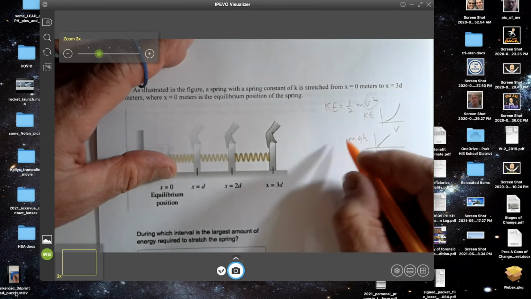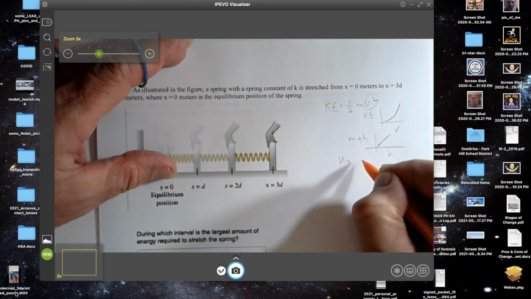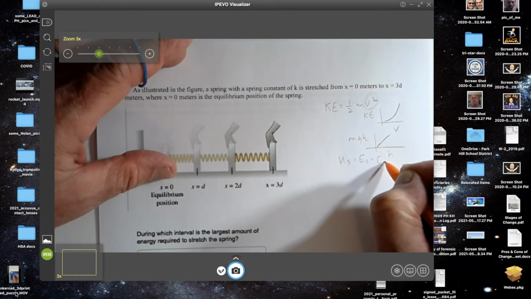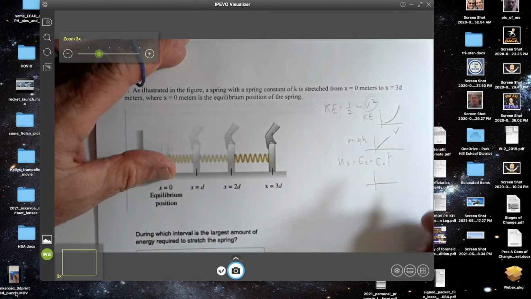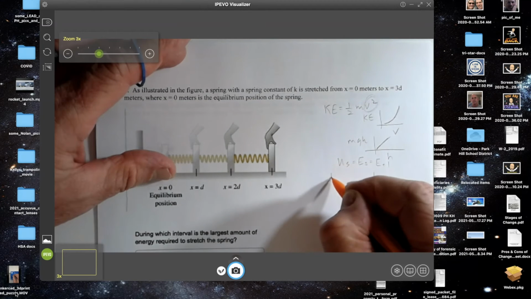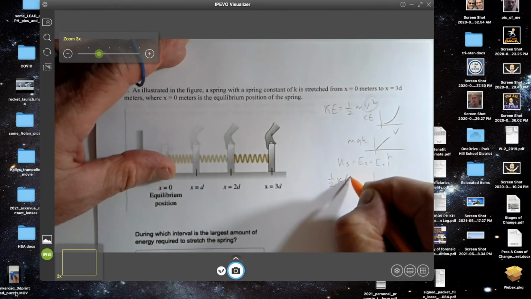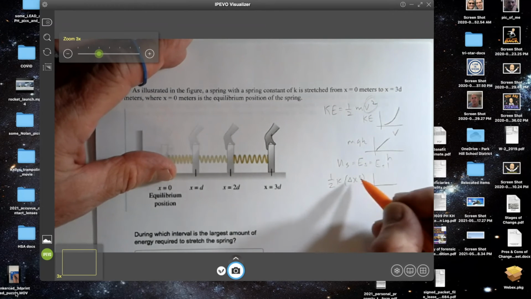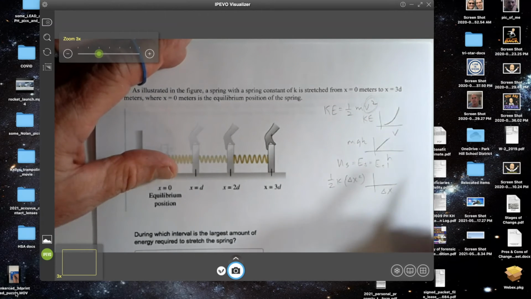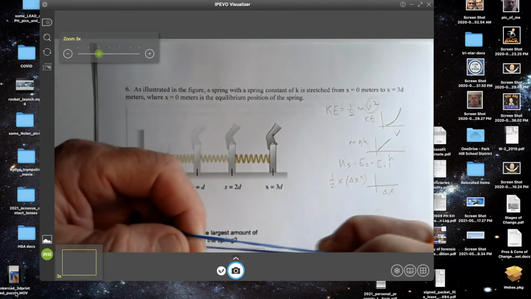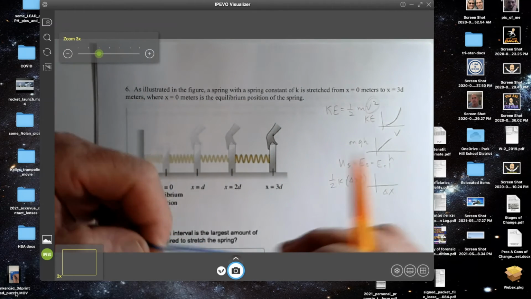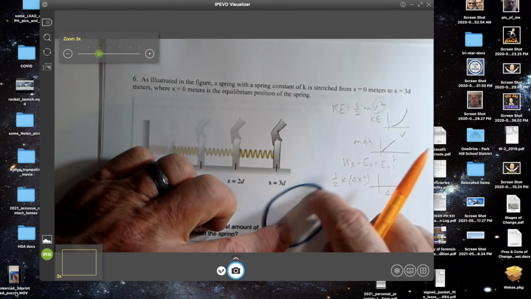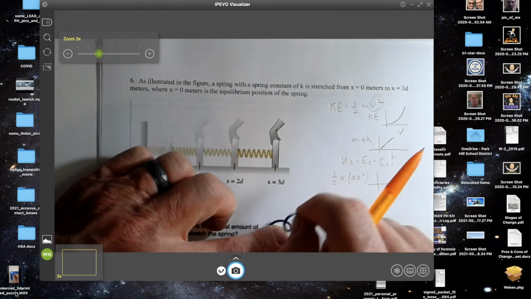Well, spring energy, U sub s, or E spring, or E elastic, is also a parabolic relationship. It's 1/2 k delta x squared, where delta x represents how far we're stretching that spring or rubber band or elastic material away from its original, non-stretched position.